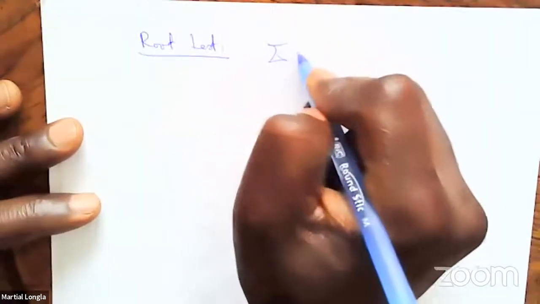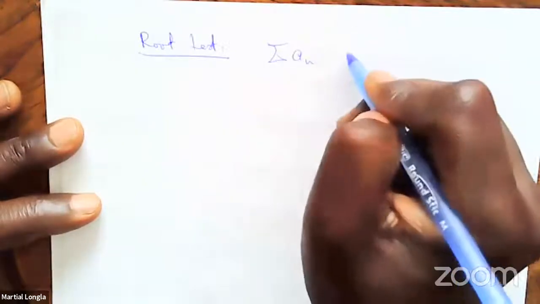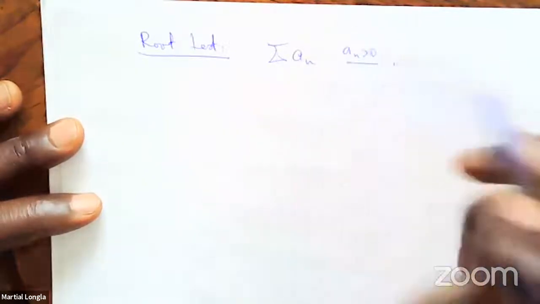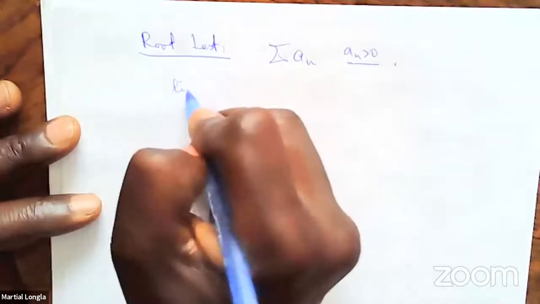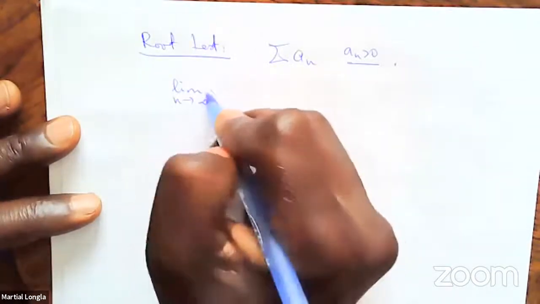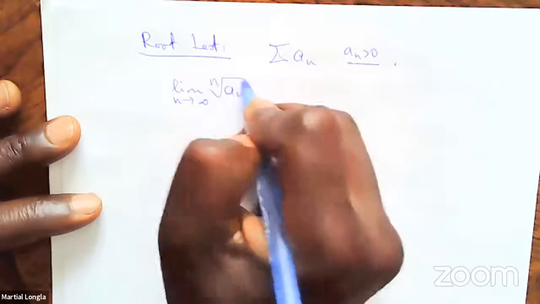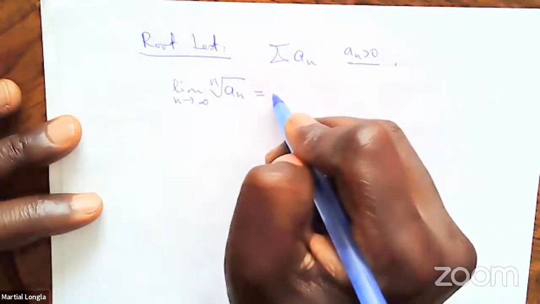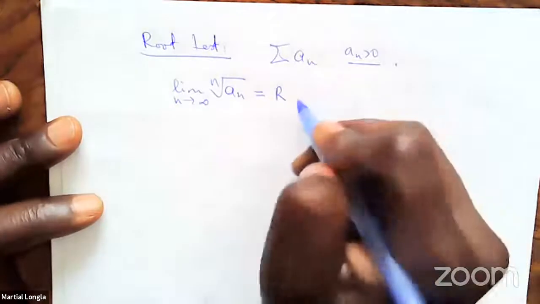Then we had what we called the root test. Where you still have the sum of an with an positive, and you want the limit as n goes to infinity of the nth root of an equals, let me call this r.